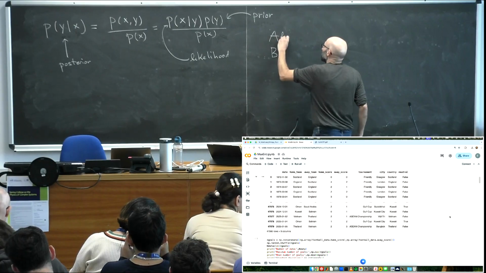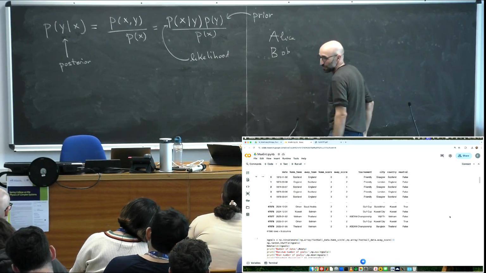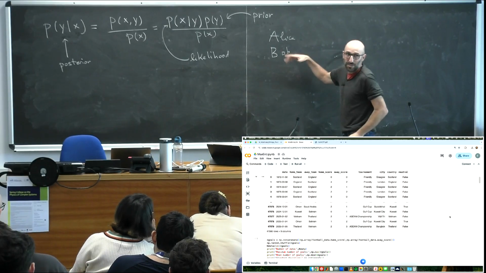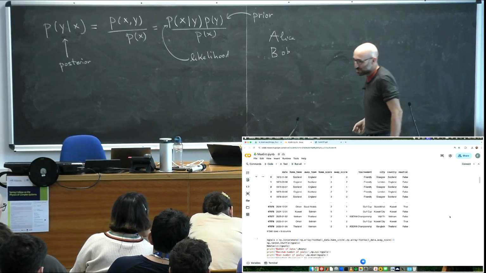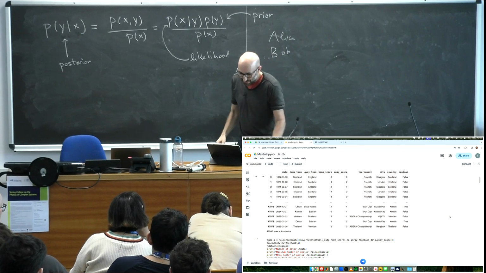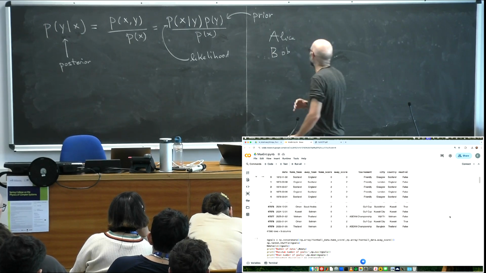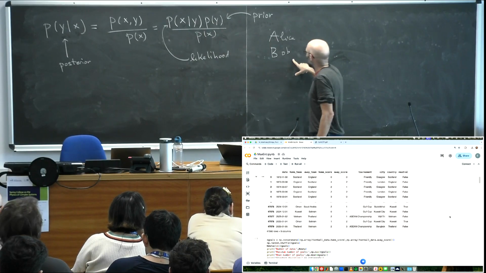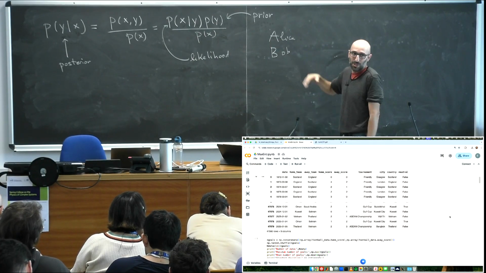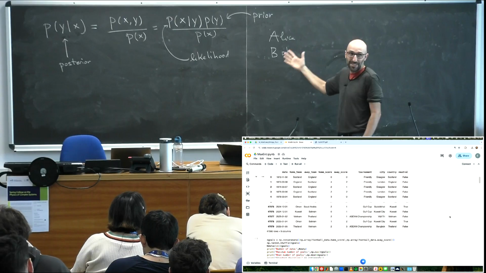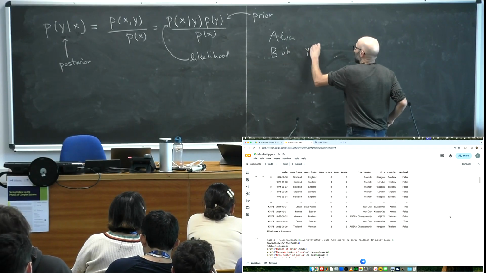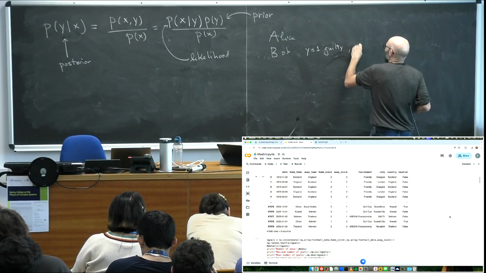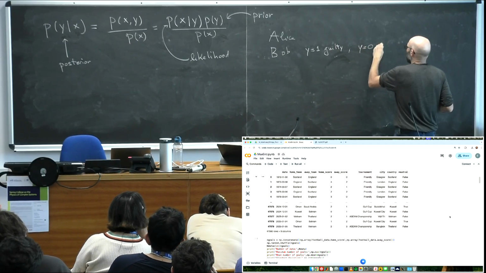Now, the first thing that Alice does is to make a prior model. So there are two states for y. Y is the state of Bob, which is, let's say, y equal 1 is that Bob is guilty, and y equal 0 is that Bob is innocent.